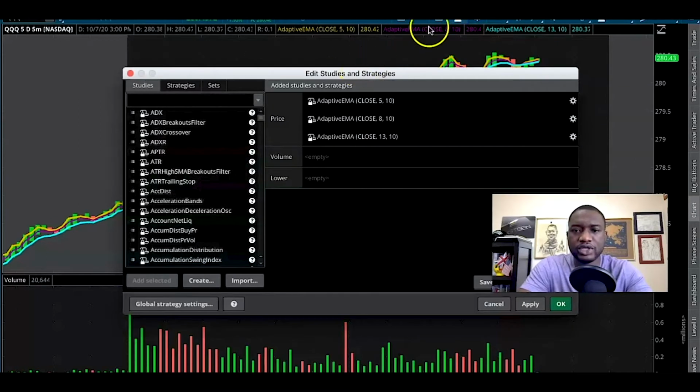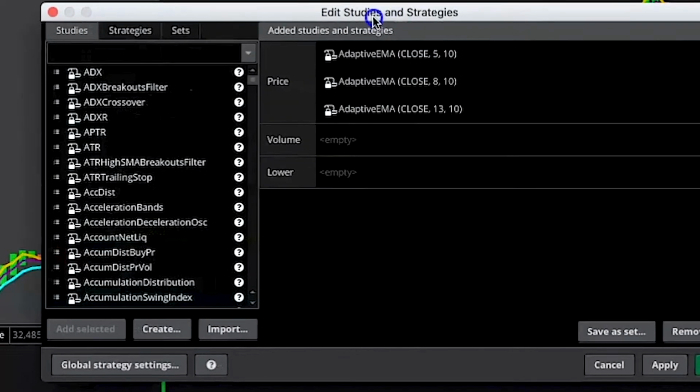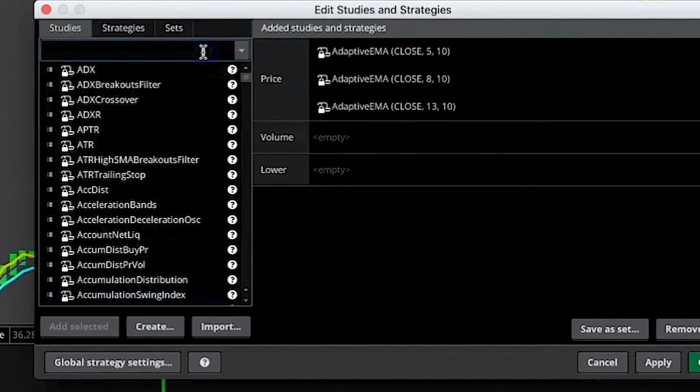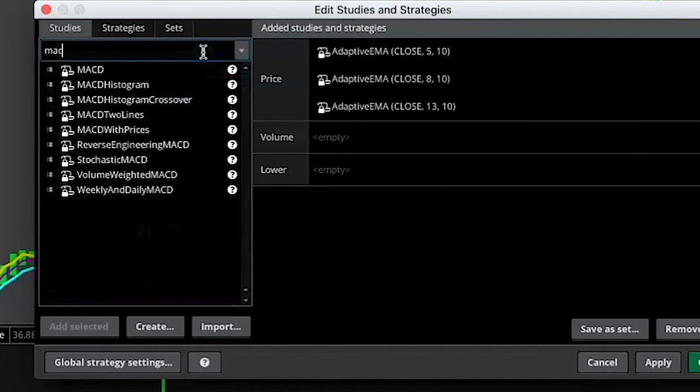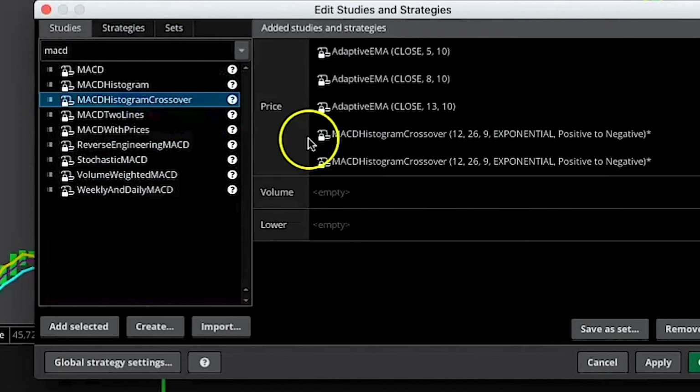Just click on the studies icon right on top here and type in MACD. Then click on the MACD histogram crossover. We need two of it, so we're going to click 1, 2.